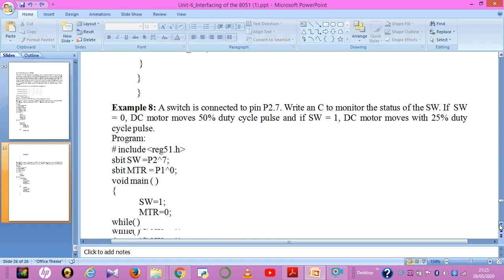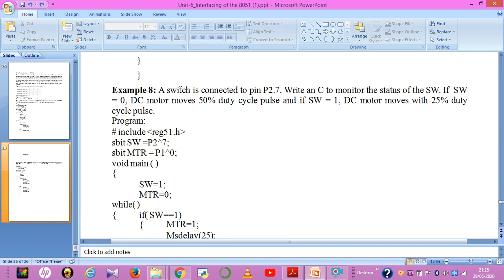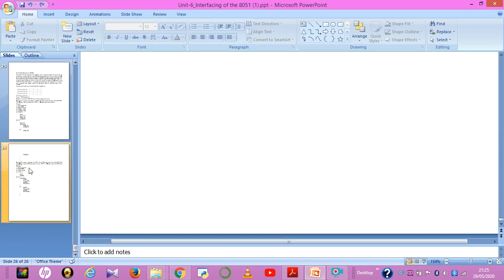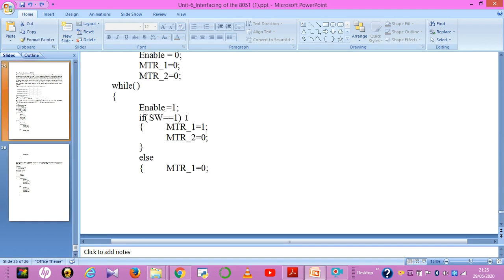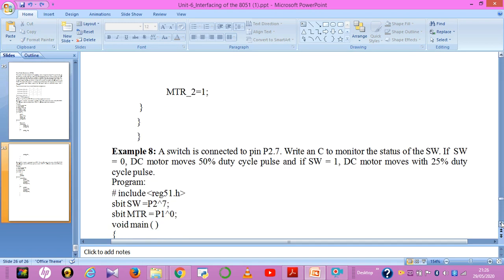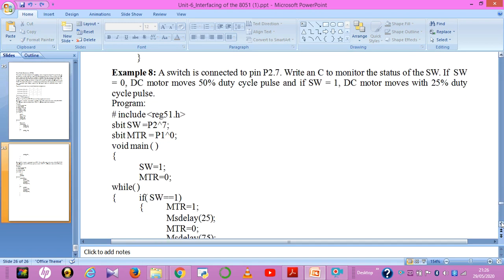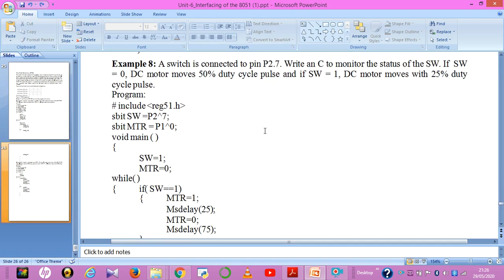And another one depends on the duty cycle. I have added the duty cycle here using PWM techniques, which gives the program for the duty cycle. I have added the same switch, and it monitors the status of the switch.